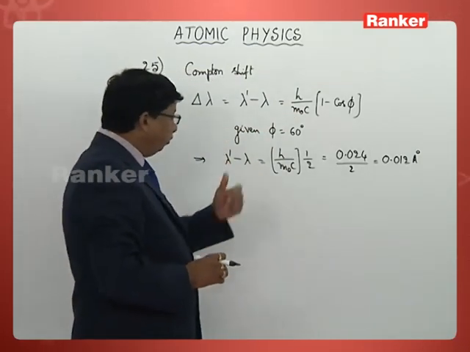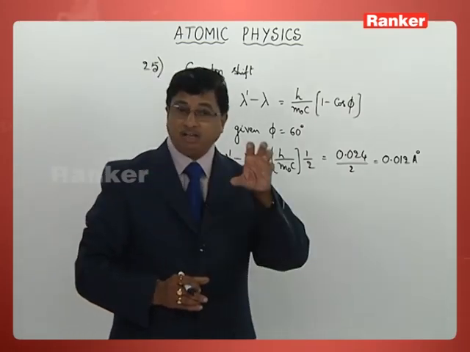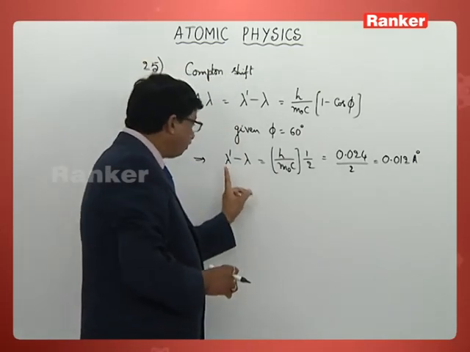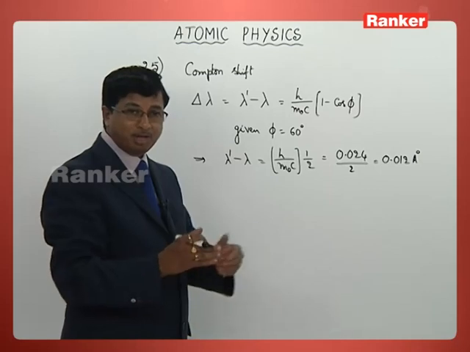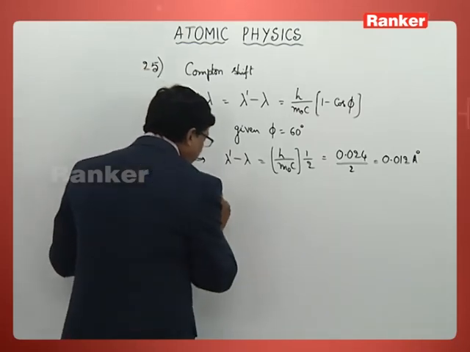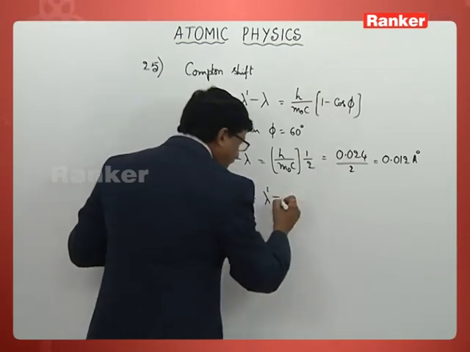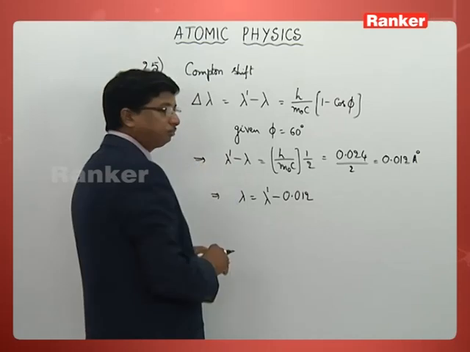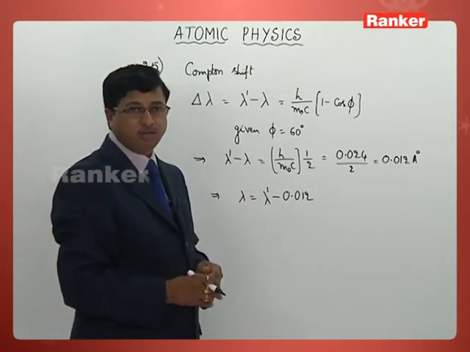But what has he given? The wavelength of scattered radiation is given, that means lambda dash is given. He is asking you to calculate lambda. So what can we write from this? Lambda is equal to lambda dash minus 0.012 angstroms.